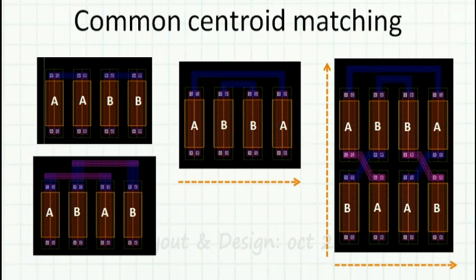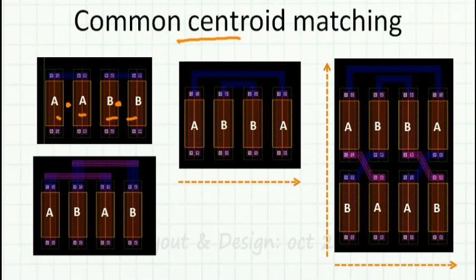So we know that we have a gradient problem, and the solution for the gradient problem is something known as common centroid matching. Suppose I have two segments of A, I place them A and B. Then the centroid of A is here and centroid of B is here, and there the centroid is not common.